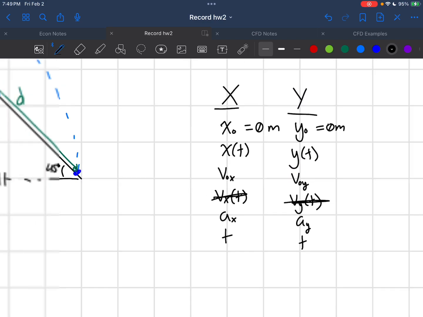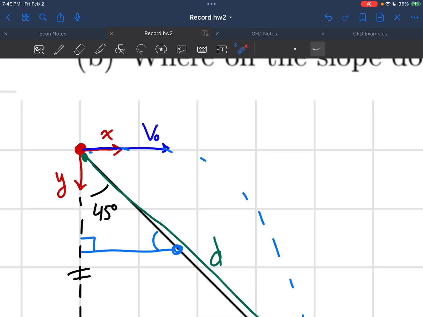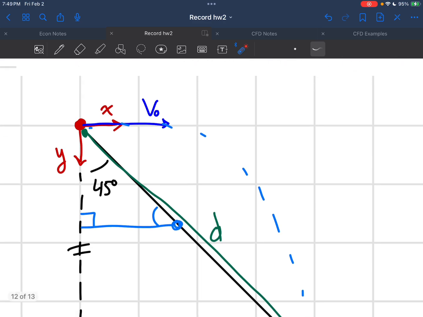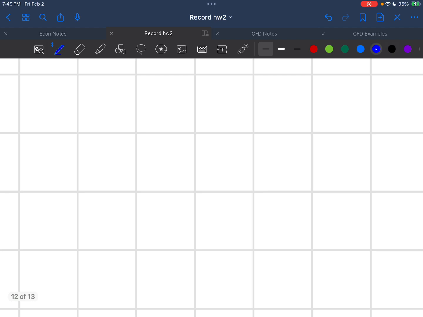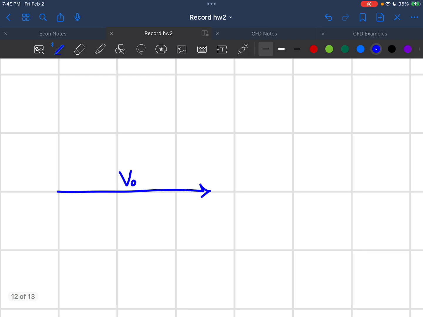My v0 x and my v0 y, well, that was a step that I skipped that I probably shouldn't have. Normally, the first thing that I do when I'm given an initial velocity vector is break it into its components. But this vector doesn't have a y component. It's not going up and down at all.